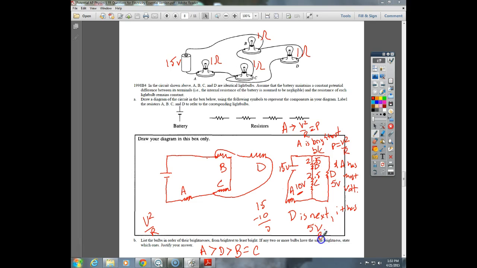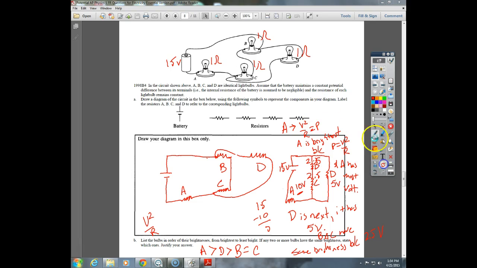And then B and C have the same brightness because 2.5 volts. Now you would probably want to write a little bit more than what I have here on the actual AP1 test, but that is the reasoning why those bulbs are all different, except for B and C, which are the same.